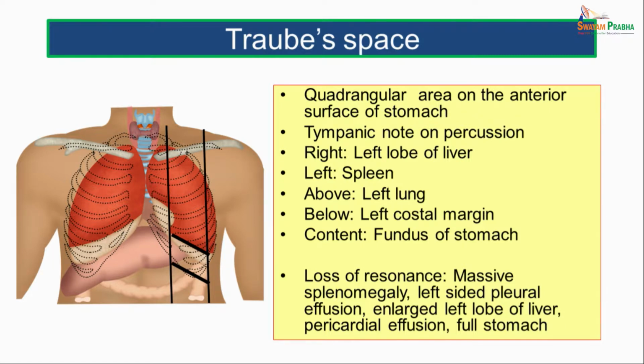It's a quadrangular area bounded on the right side by the left lobe of the liver. It is bounded on the left side by the spleen. Superiorly, it is bounded by the left lung and inferiorly, it is bounded by the left costal margin.